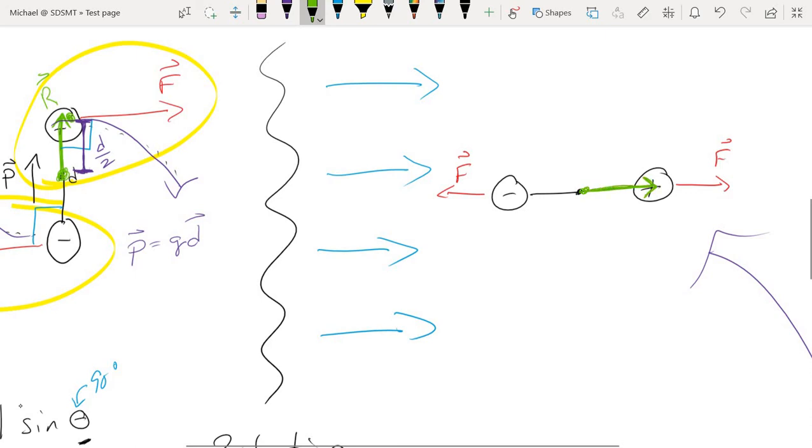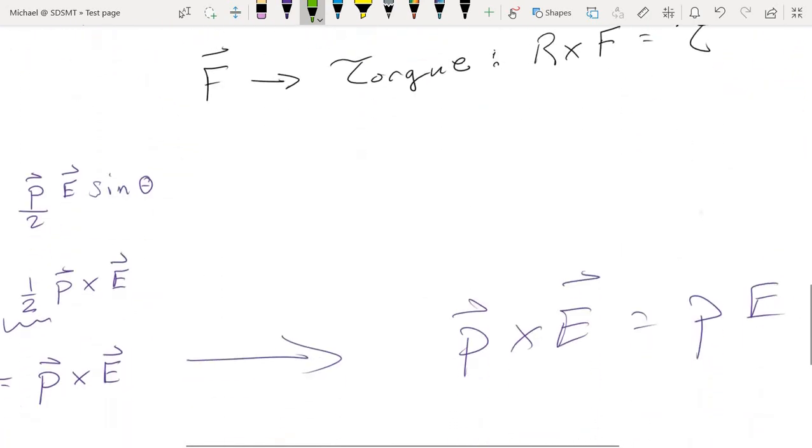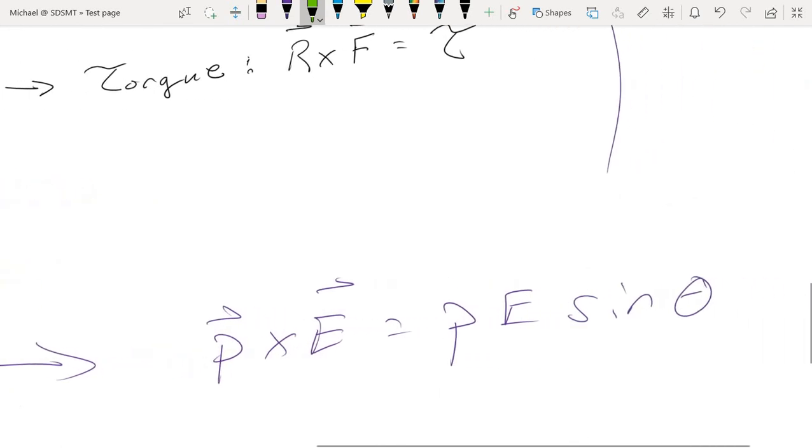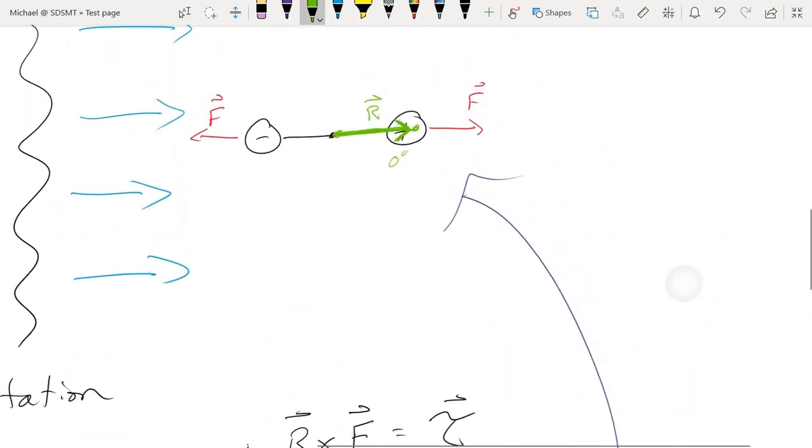Again, to find your radial vector, you just start at your pivot point and draw a line out to where your force has been applied. But now the angle between these two is 0 degrees. If I plug that into my sine theta relationship, sine of 0 is 0.